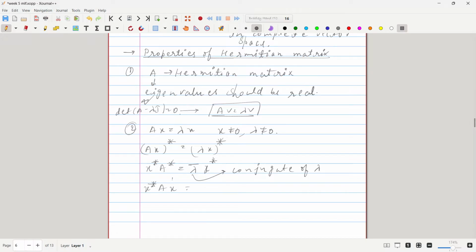And you know that Ax is equal to lambda x, so x conjugate transpose lambda x is equal to lambda conjugate x conjugate transpose x. This is the property you have to keep in mind.